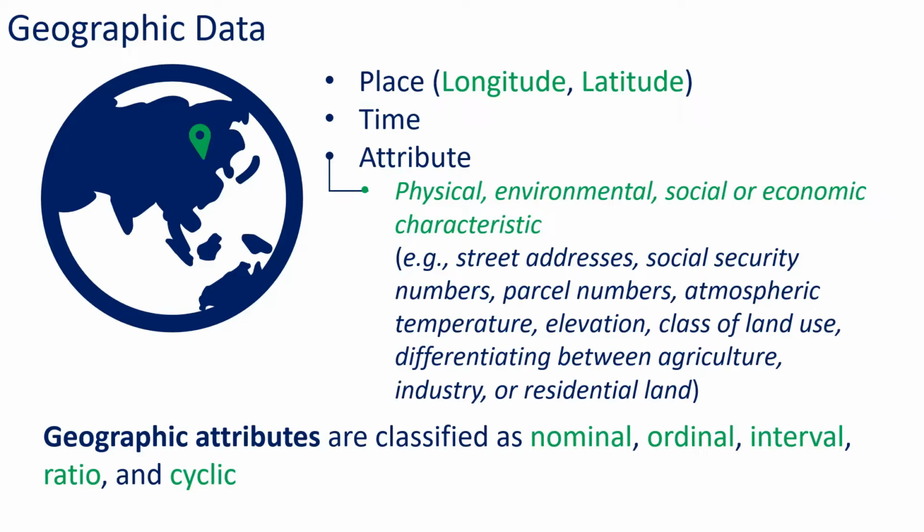Place and time, they are easy to understand because you have latitude, longitude, and height data, so the Z axis, but time also, the time of your recording. And when it comes to attributes, attributes can be many. So it can be a physical, environmental, social, or economic characteristic.